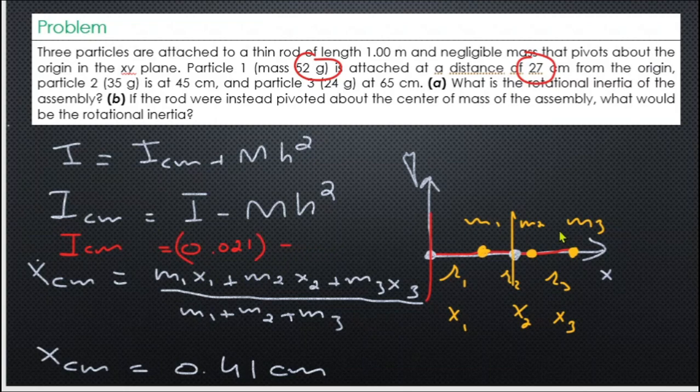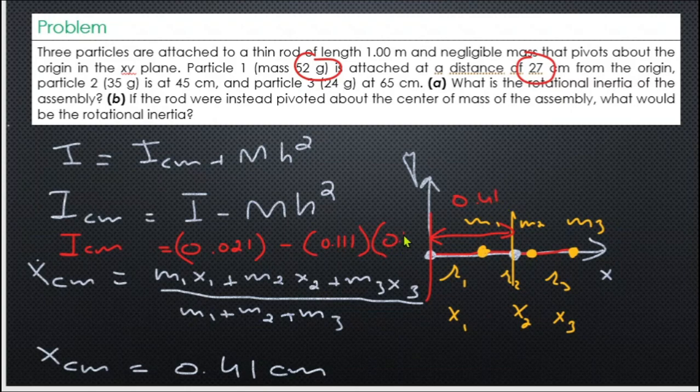minus the total mass of this assembly, which is equal to 0.111 kilogram, times the distance between these two axes, which we have calculated by this xcm, and that is equal to 0.41.